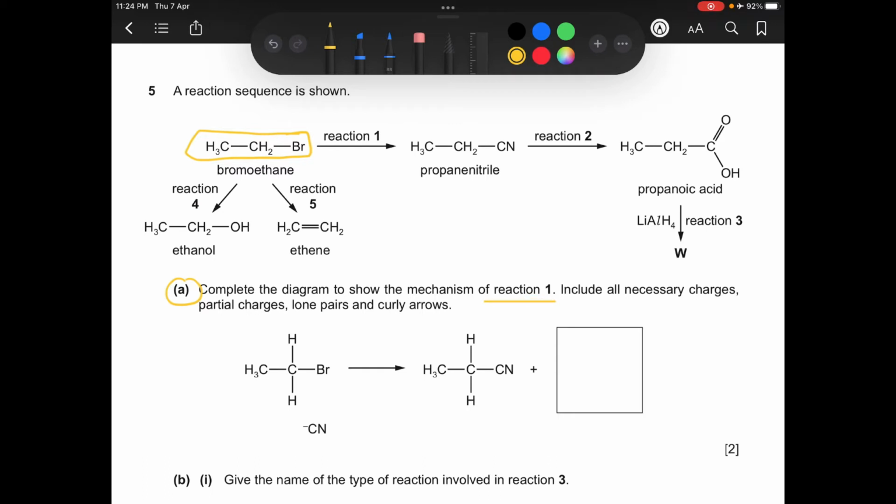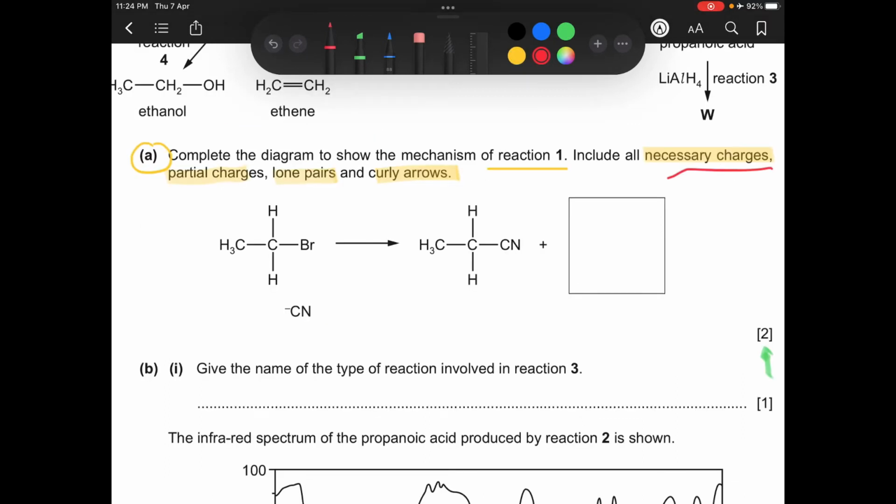Okay, we have reaction 1, as we can see. We want to draw the mechanism. Include all necessary charges. You have to keep in mind these things: necessary charges, partial charges, lone pairs, and curly arrows. So how can I translate all of this to get the 2 marks? You have to look at the halogenoalkane.